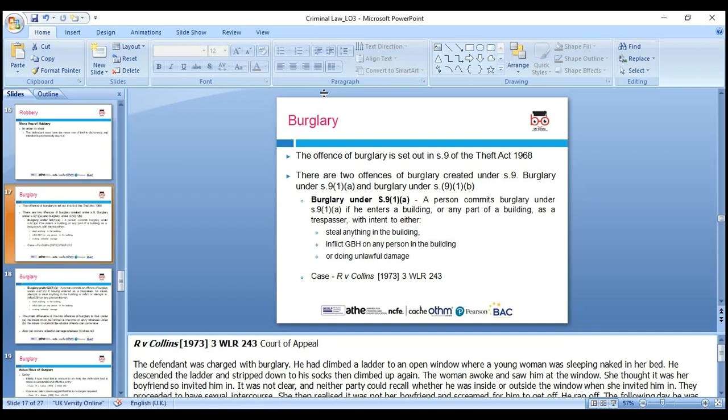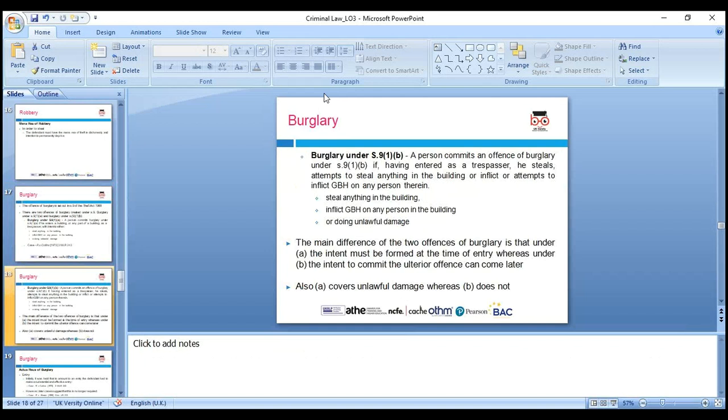Steal anything in the building, inflict grievous bodily harm on any person in the building, or do unlawful damage. They all come under the Burglary Act.